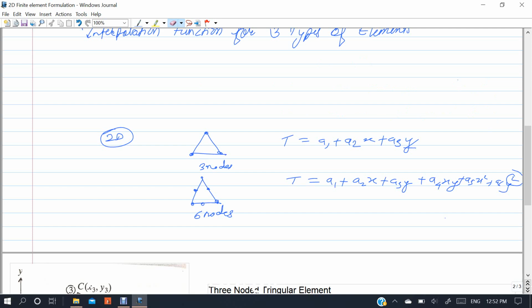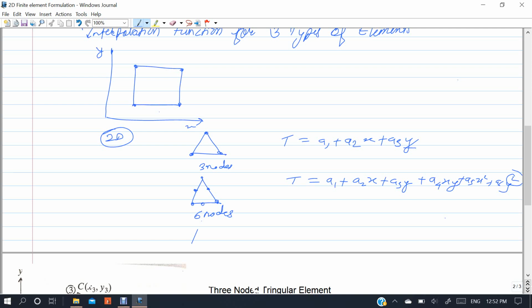Now for the multiplex element. We have covered the simplex element. For the complex element, we found a cubic equation, and a second order interpolation function in 1D and 2D elements. Now for the multiplex element, suppose there is x and y, and a quadratic element in between having four nodes, four noded quadratic.